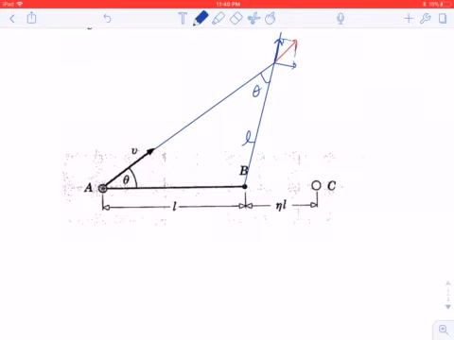The component perpendicular to the thread would not change, but the component along the thread, what would happen to it? It is almost inextensible, but it is elastic.